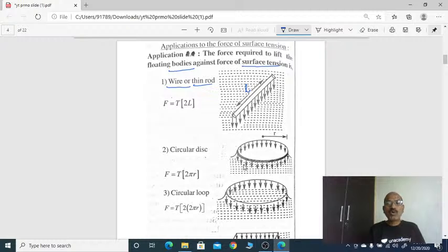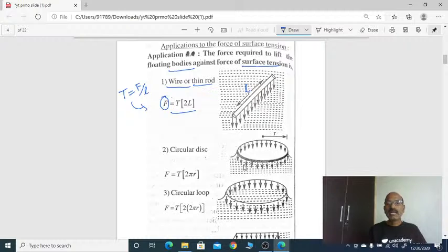Now what is the force required to lift this wire against the force of surface tension? We know surface tension equals force per unit length. Now the force required to lift this wire from the surface of water against the force of surface tension is F equal to T into 2L, right?